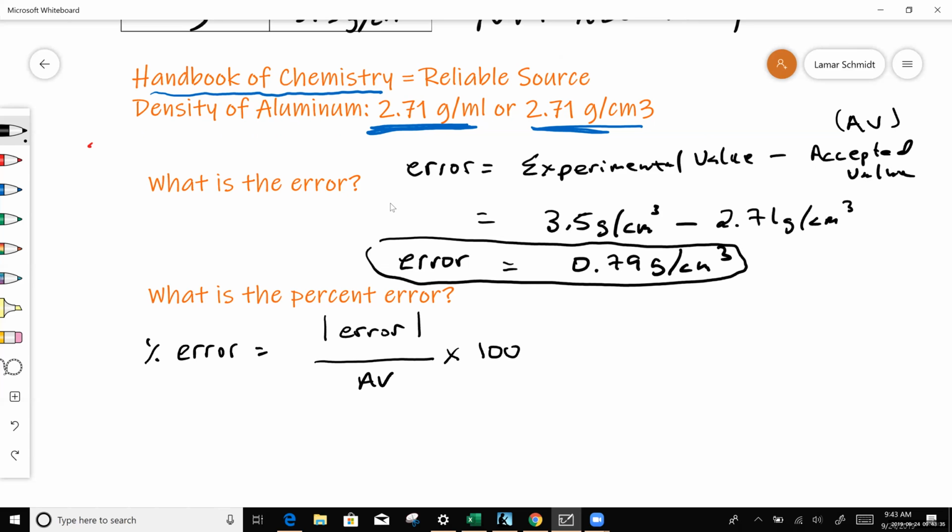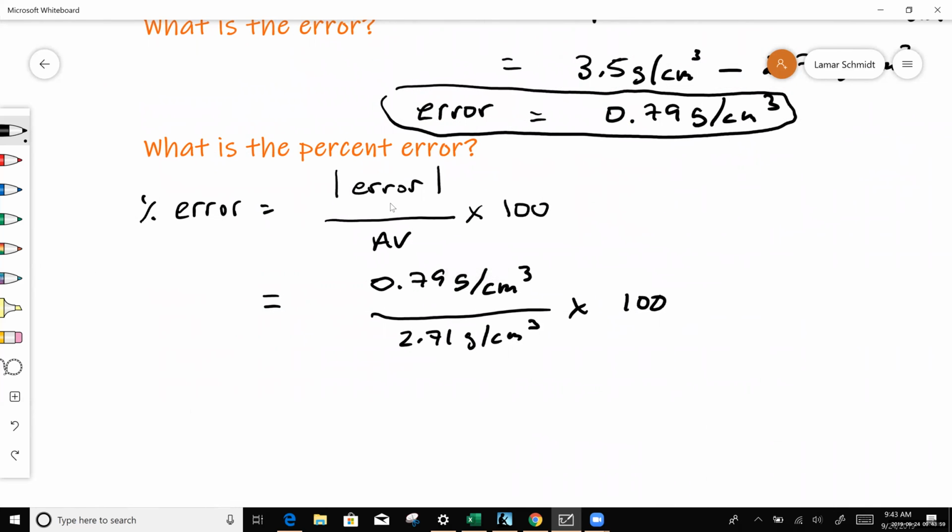So in your error, you just simply fill in what you have. It is 0.79 grams per cubic centimeter divided by the accepted value, 2.71 grams per cubic centimeter, and then multiply that times 100. I'm going to move the screen up a little bit.